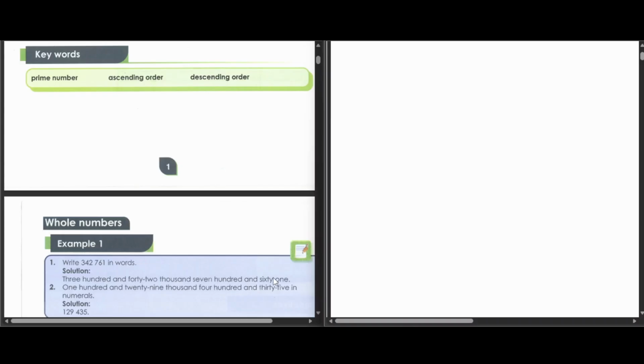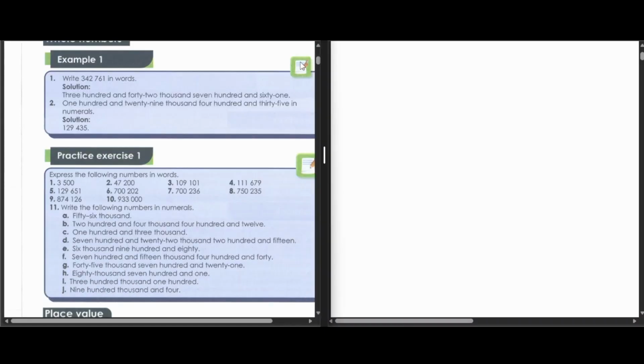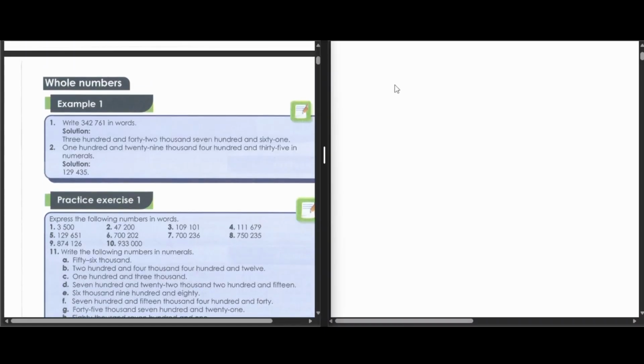Let us now look at whole numbers. Ndo panotangira kudzidza kwedu nhasi. Whole numbers. Saka kana chitaura pamusoro pema whole numbers, what exactly are we talking about?